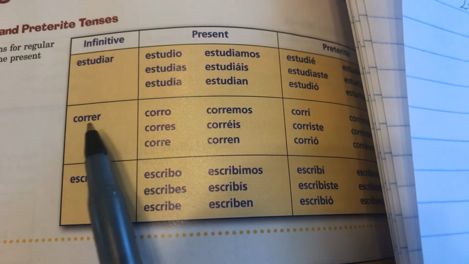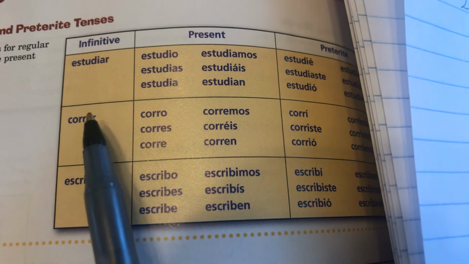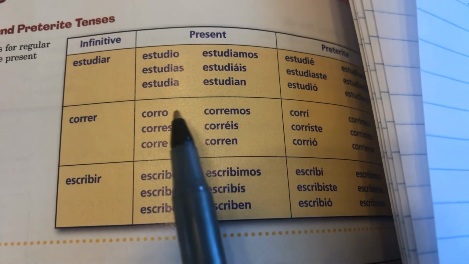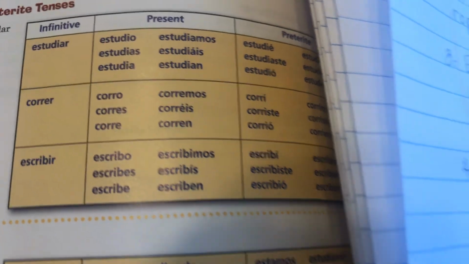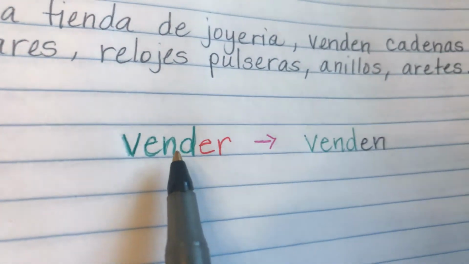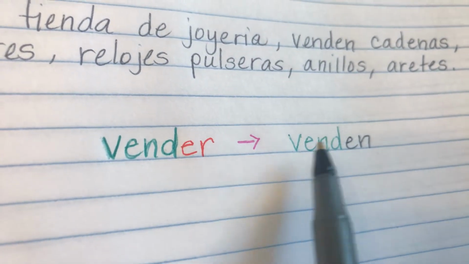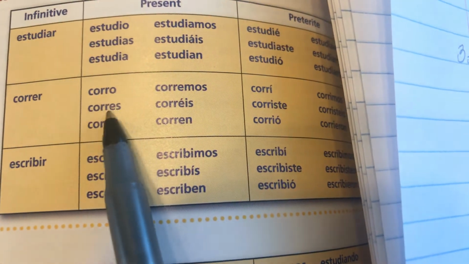And this is just an example of how you take off the ER and what do you add to the end. So the one that we're going to be using, we're going to be talking about them, they. And so they sell, right? This means to sell, so they sell. So which one of these will we be using?